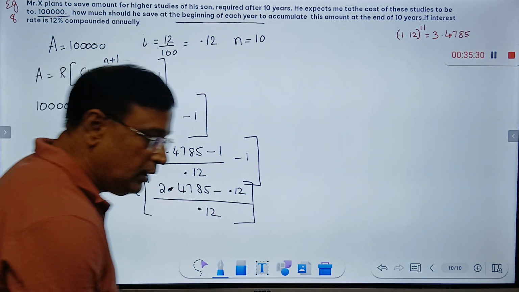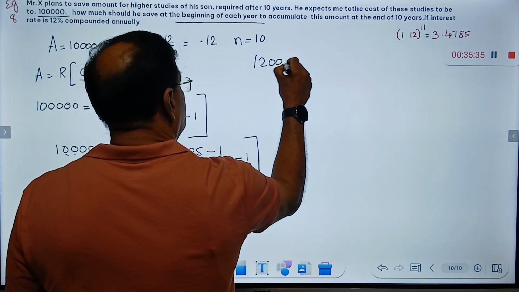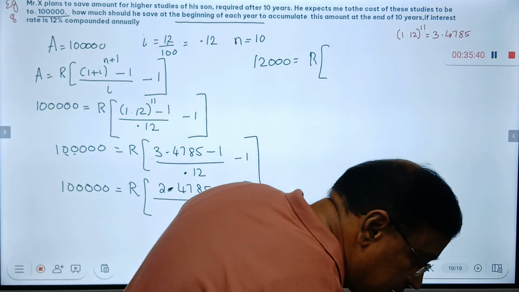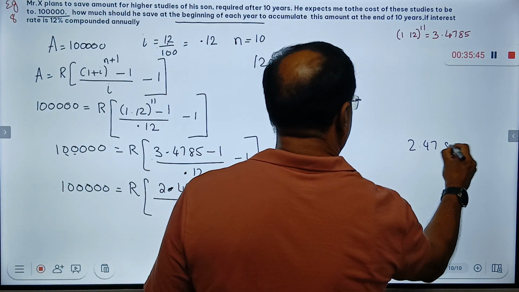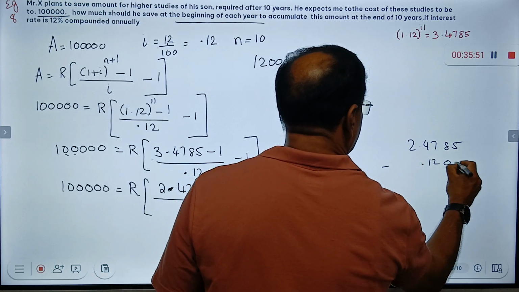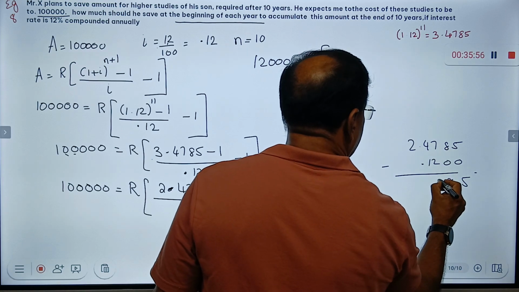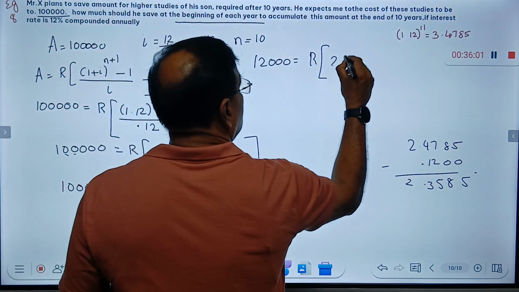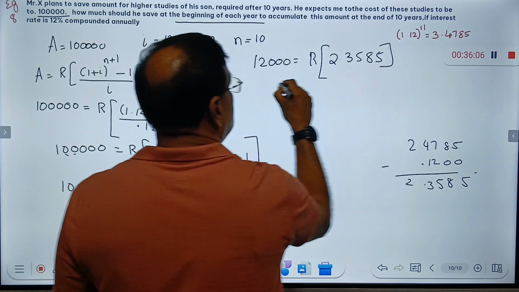Now you cross multiply. When you cross multiply, you get the answer as 12,000 equal to R into, if you subtract this, 2.4785 minus 0.1200, so 2.3585.